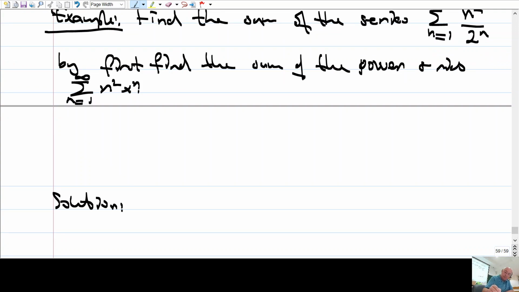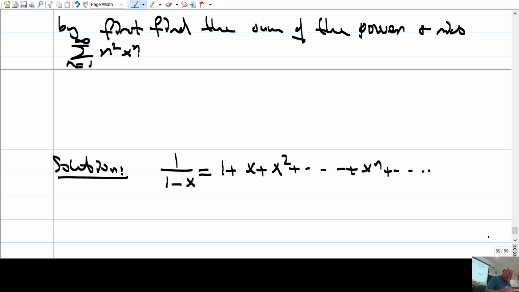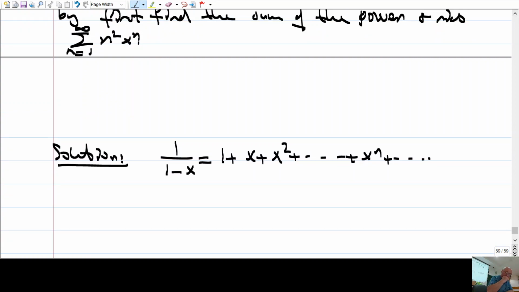Well, we will do the same thing again. This is 1 plus x plus x squared and so on, x to the power n. Let's take the derivative of this.